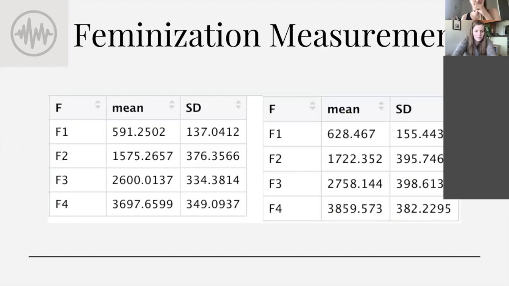And here are the values. On the left here is the values for the lower register, and on the right is the values for the higher register. And again, even if we're thinking about F4 as a more robust indicator of vocal tract length, which perhaps we're using, someone asked a question about higher formants, F3 through, I don't remember if they said 5 or whatever. We're certainly using higher formants.